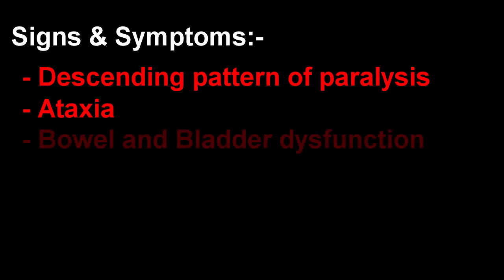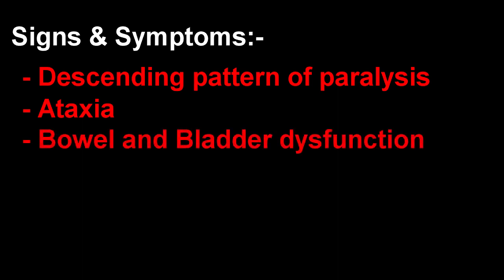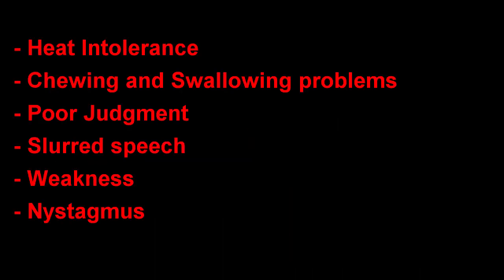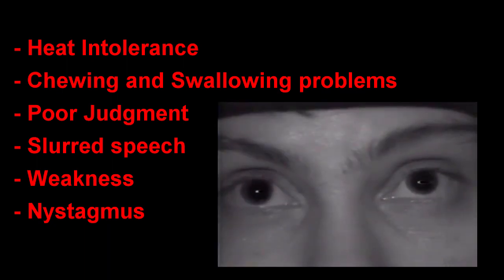Other symptoms are bowel and bladder dysfunction, impaired sensation, diplopia or double vision, heat intolerance, chewing and swallowing problems, poor judgment and memory loss, blurred speech, weakness, nystagmus, etc. Nystagmus means there will be an involuntary movement of the eyeballs, either side to side, top to bottom, or in a circular motion.